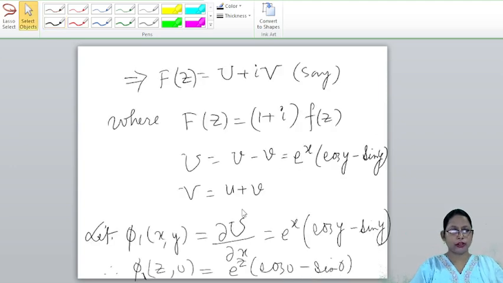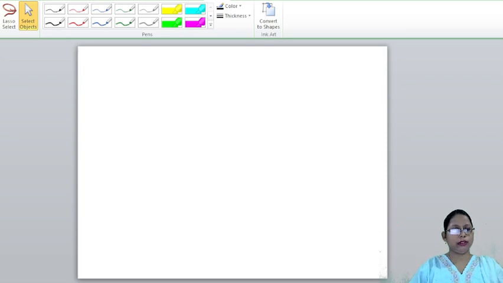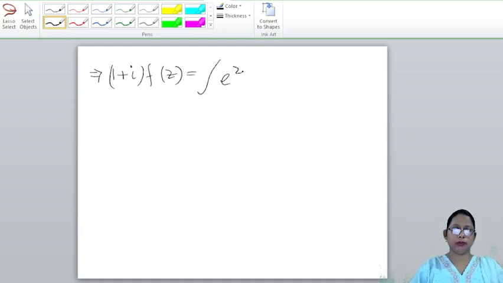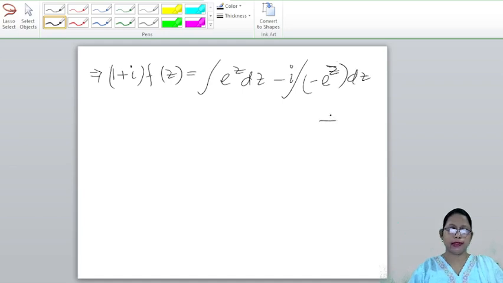Here F(z) is (1 plus i) f(z), phi 1 (z, 0) is e to the power z, and phi 2 (z, 0) is minus e to the power z. So (1 plus i) f(z) is equal to the integral of e to the power z dz minus the integral of minus e to the power z dz plus c.